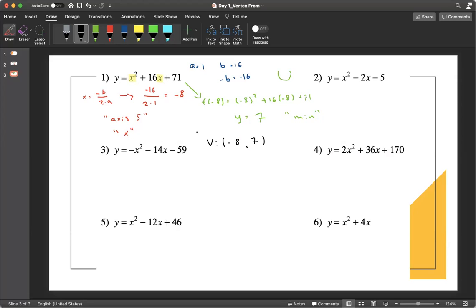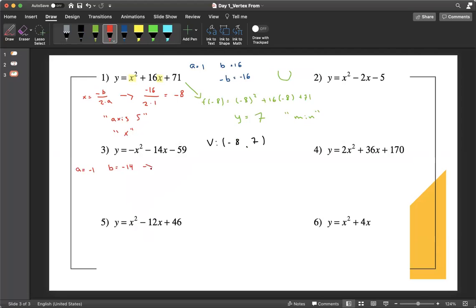Now I am going to do number 3. So for number 3, we see that our a is going to be a negative 1 and our b is a negative 14. We know for our formula we need a negative b.